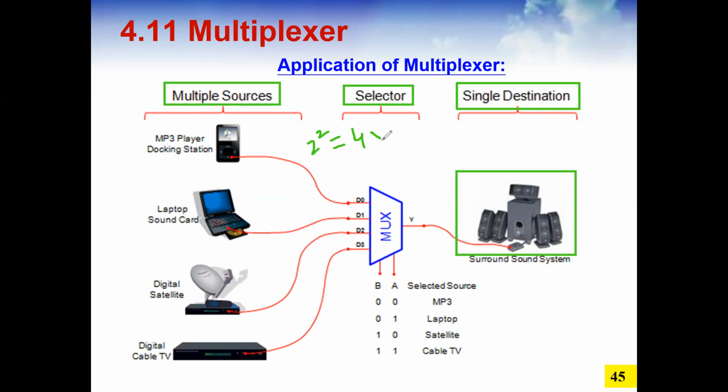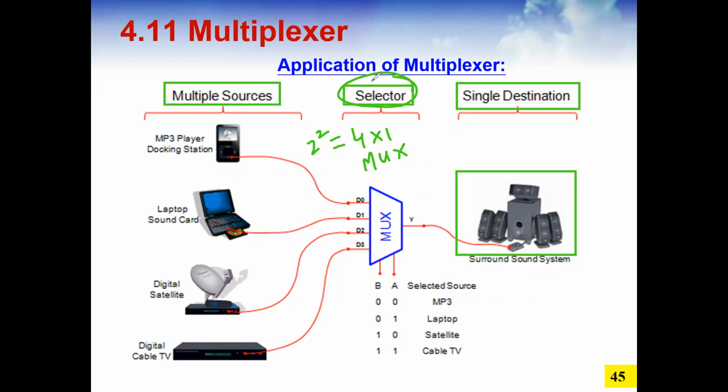So we call it a 4 cross 1 mux, or multiplexer, MUX. So 4 inputs are connected to the 4 inputs of this multiplexer, and only one output. But which of the 4 inputs is going to be connected with Y is selected by the selector.